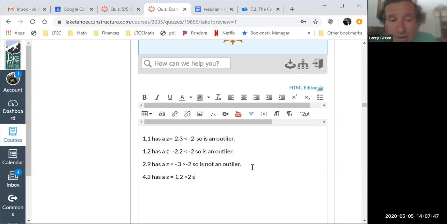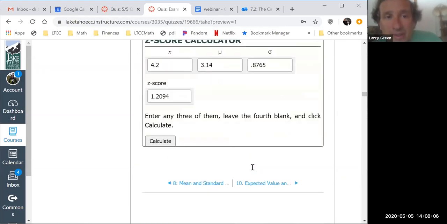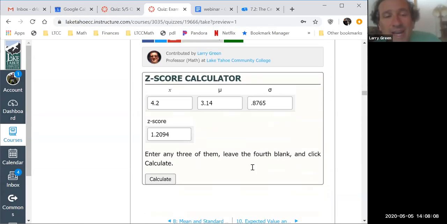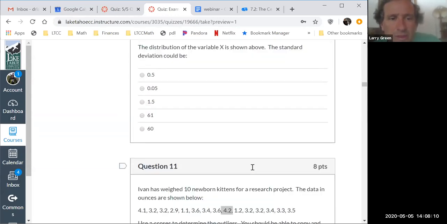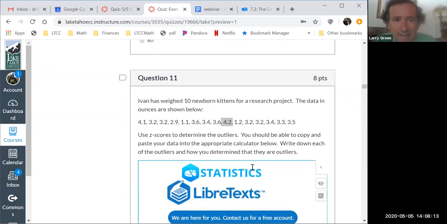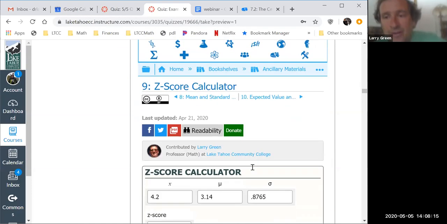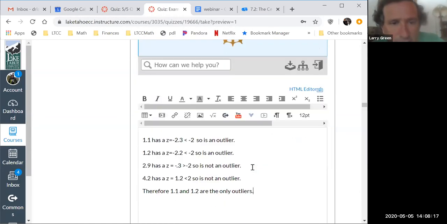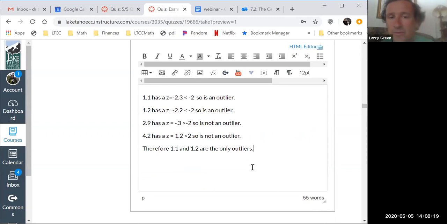And that means it's not an outlier. So therefore, 1.1 and 1.2 are the only outliers. Okay, and I just want to make sure I answer the question. Always good to do that. The question is, write down each of the outliers and how you determined they're outliers. Any questions about this problem?